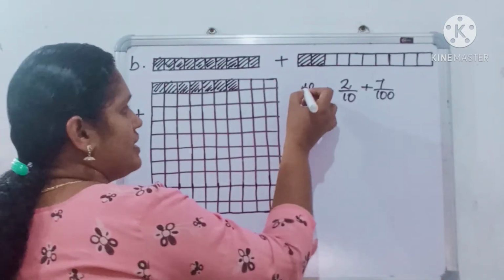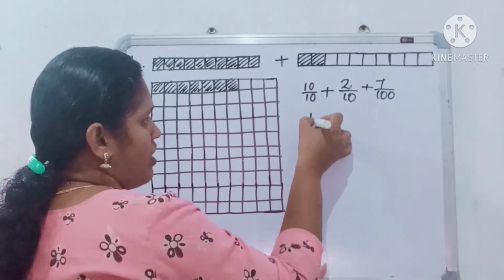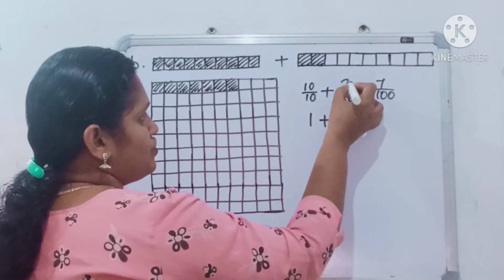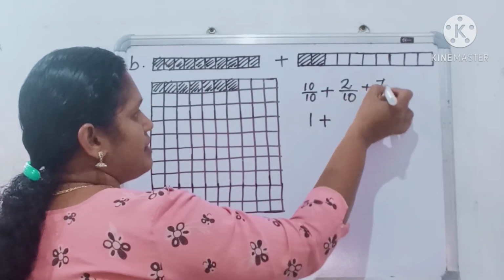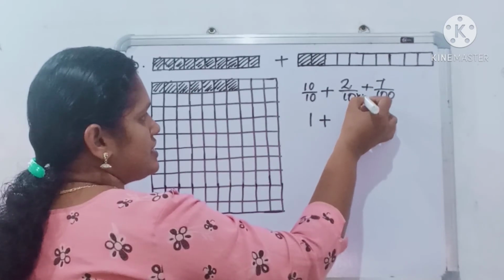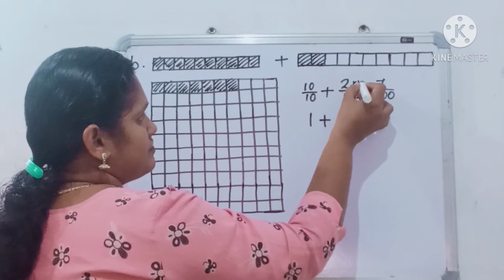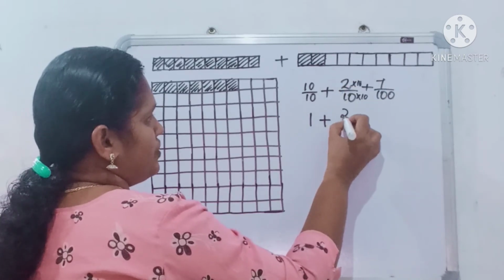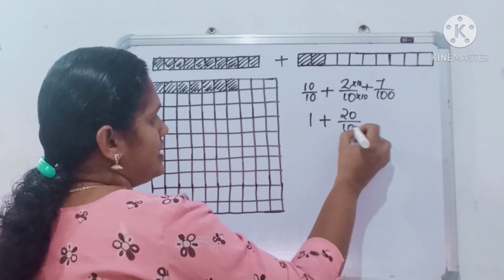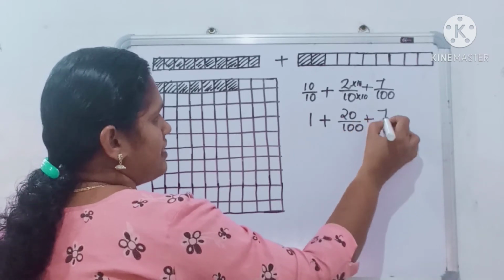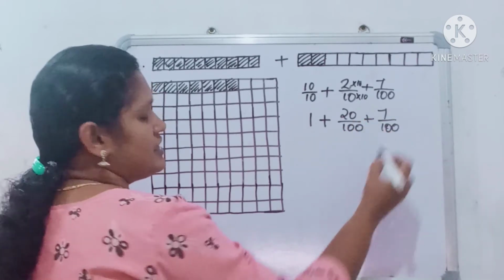Okay. Here 10 by 10 means 1. 1 plus 2 by 10 plus 7 by 100. We can convert this into 100. So 20 by 100 plus 7 by 100.